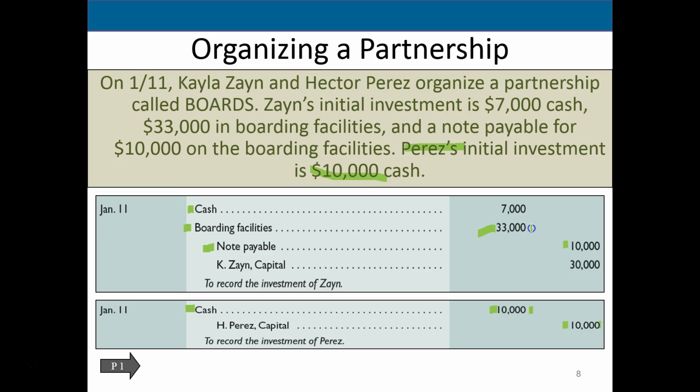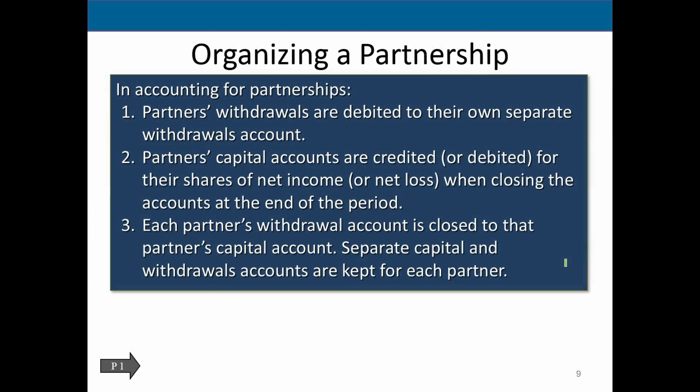The difference, the 33 plus the 7 minus the 10, the asset plus the asset minus the liability, would give us the capital account that Zayn would put into the company. Which makes sense because we put assets of 33 plus the 7 minus the liability that is no longer Zayn's liability only. It is now the partnership's liability. And so therefore we have a credit increasing Zayn's capital account by the 30,000 in this case.